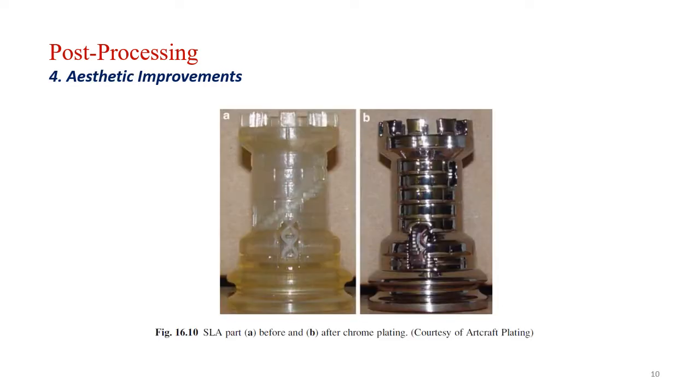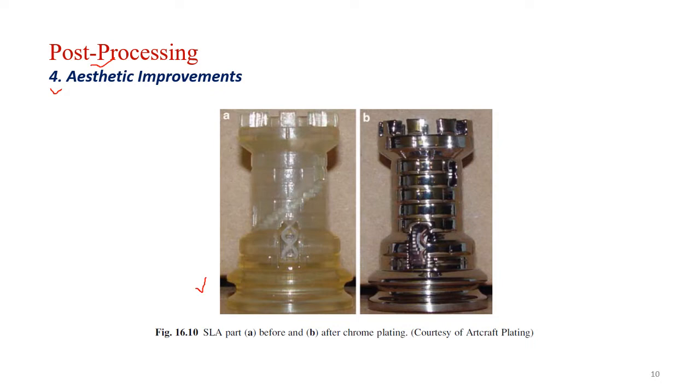Next, coming to the aesthetic improvement, when we are working on the dimensions and on the shape, a much more pleasing appearance will come when we give them the best outlook. So that is the aesthetic part. For that we have to coat them, or give some coating. Here you can see one method in which the SLA part is built, which is the stereolithography apparatus, that is polymer based.